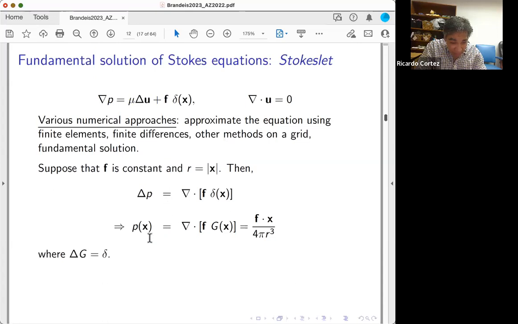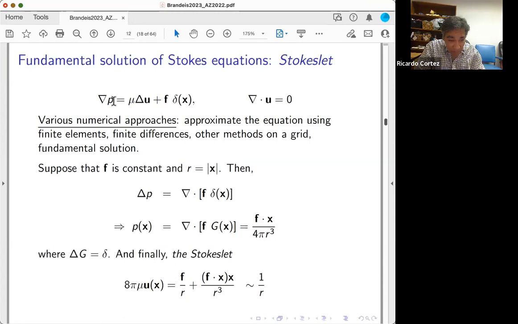And if I define G, this Green's function, to be such that the Laplacian is the delta function, I can write the pressure this way. And once I have the pressure, I can put it back into the original equation and solve for the velocity.